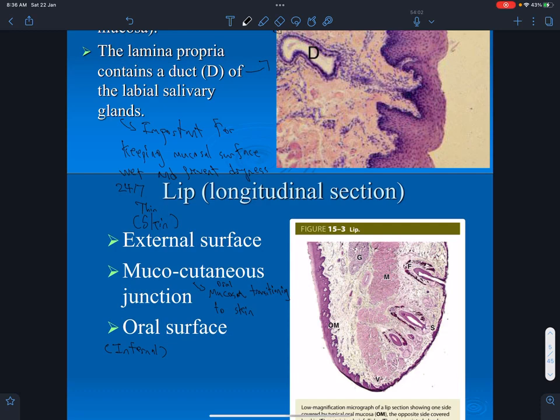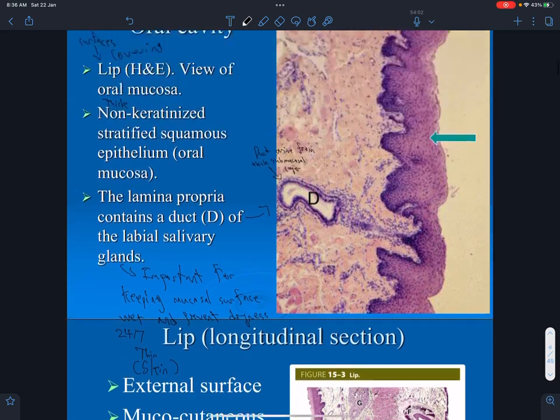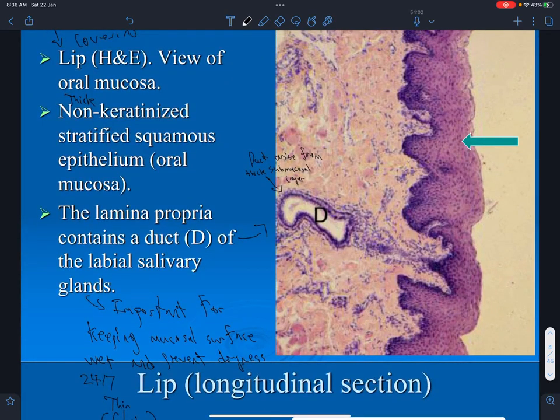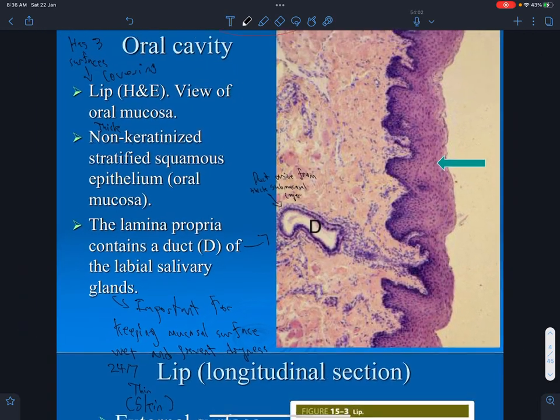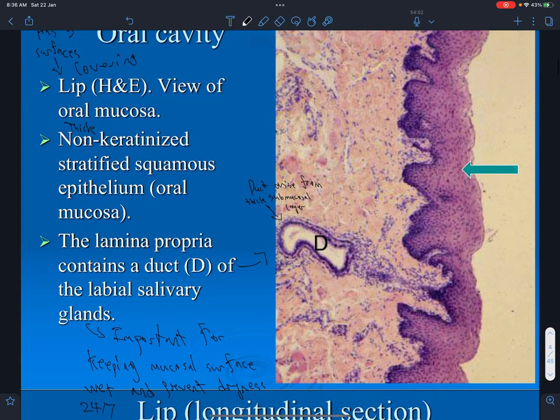Now, if we go internally and look at the lips, we see that the internal surface is covered by an oral mucosa. And anytime you think of oral mucosa, you think of mucosa: epithelium and lamina propria underneath. Oral mucosa means the epithelium is non-keratinized stratified squamous epithelium, with a lamina propria underneath.